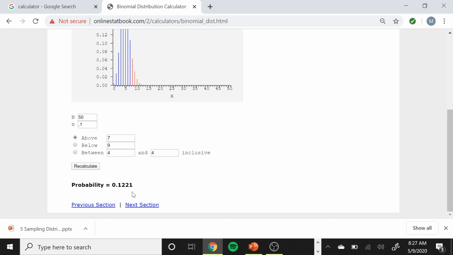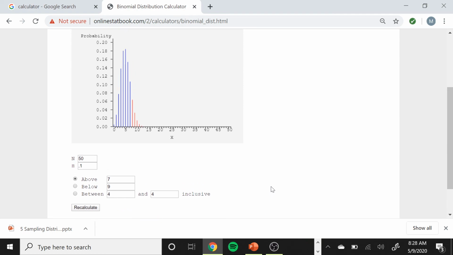What happened? Do you remember the rule of thumb that we used in the previous unit? We said that a normal approximation of a binomial distribution will work when n times pi is greater than 10 and n times 1 minus pi is greater than 10.